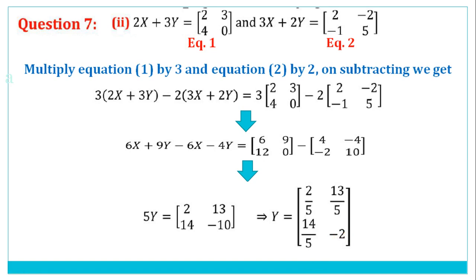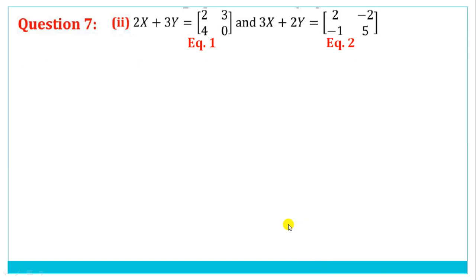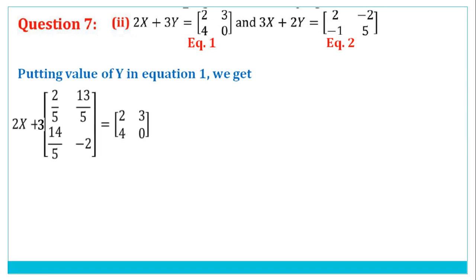Now what we will do, we will put this value of y in, let's say, equation 1. So we will be putting the value of y in equation 1, and we will get, obviously, 2x plus 3y, this is the value we found, is equal to this.